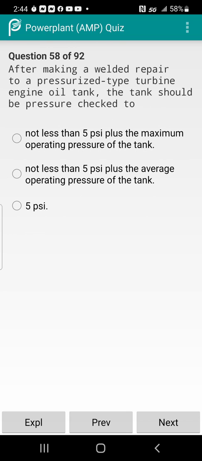After making a welded repair to a pressurized type turbine engine oil tank, the tank should be pressure checked to not less than 5 psi plus the maximum operating pressure of the tank.